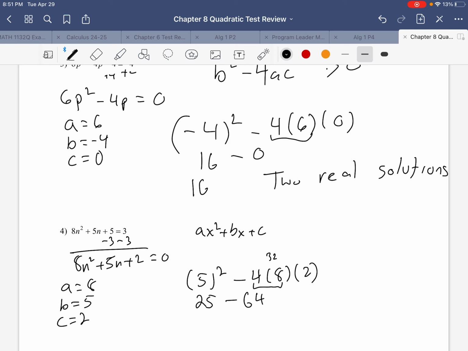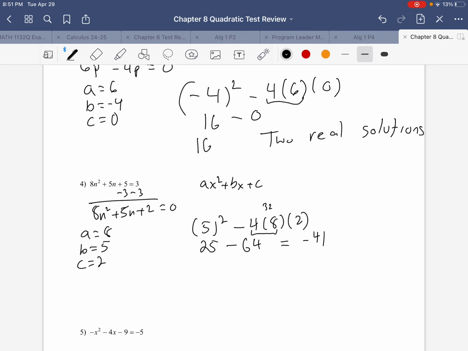If it was 25 minus 65, this would be negative 40. But it's 25 minus 64. So this is going to be negative 41.